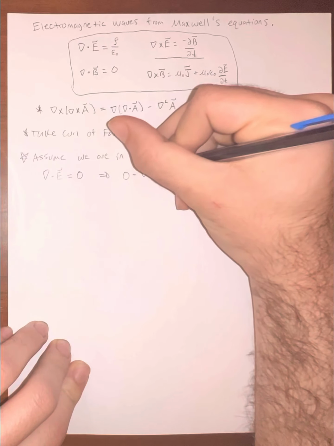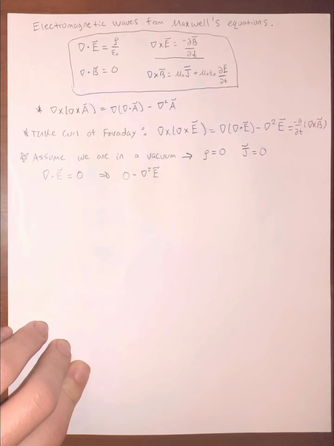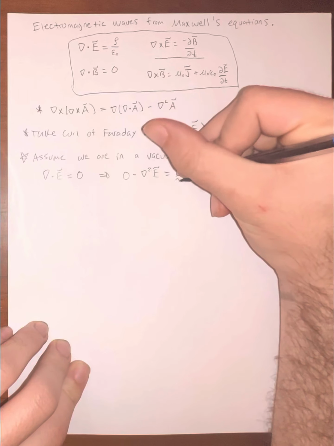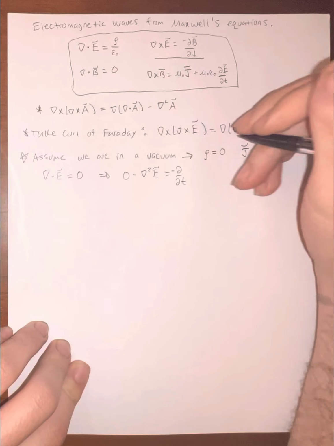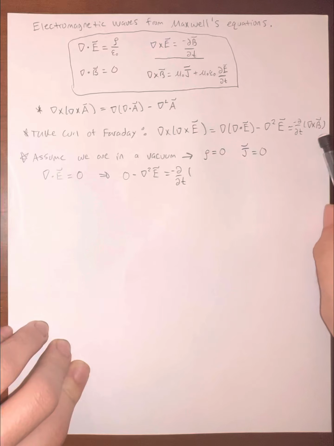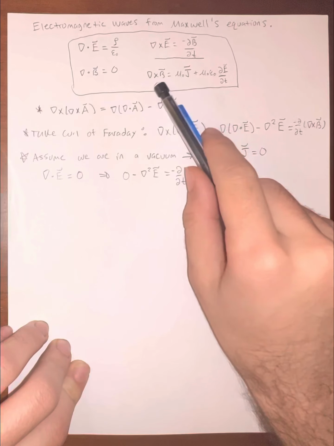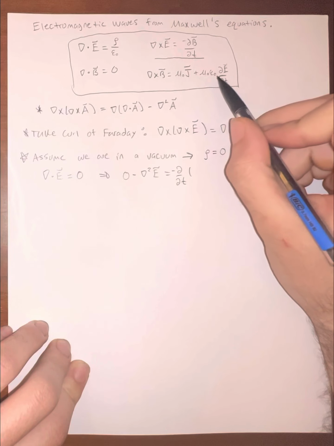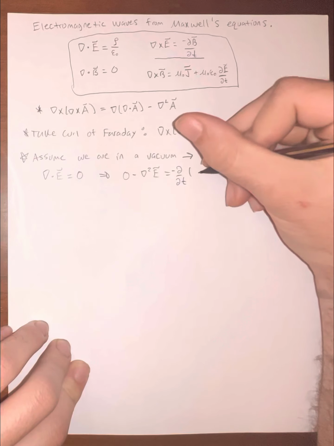0 minus the Laplacian of E is equal to minus d dt, and then del cross B is just the Ampere-Maxwell law, or Ampere's law with Maxwell's correction, but since J is 0, that term just becomes mu naught epsilon naught dE dt.